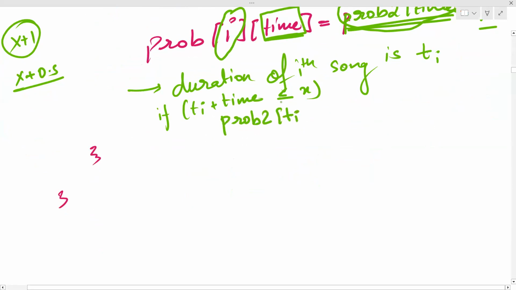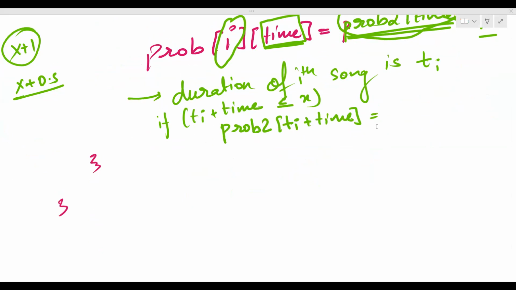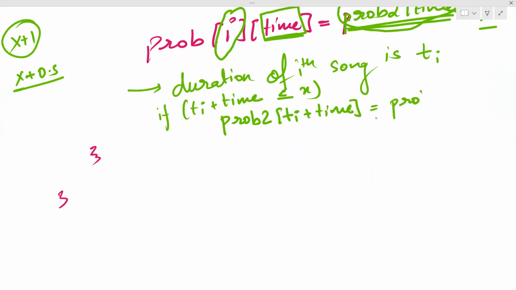What is the probability that I'll have to choose some song at this instant? Can you tell me what it will be? Probability that I had to choose song at this time into 1 by n. Yes, no. And you have to add these, not just one.